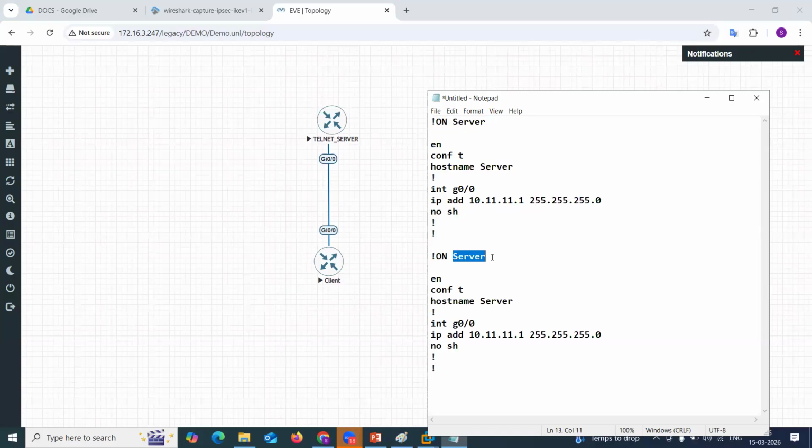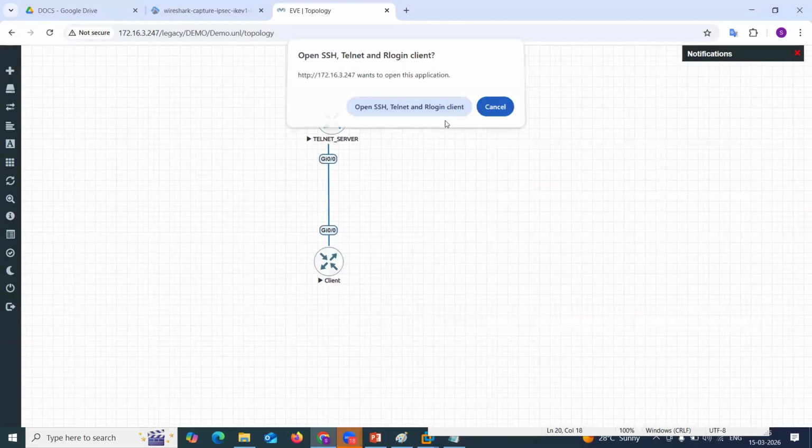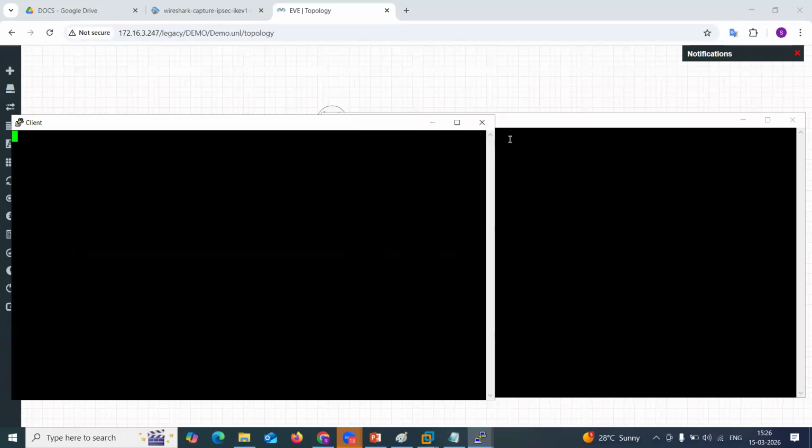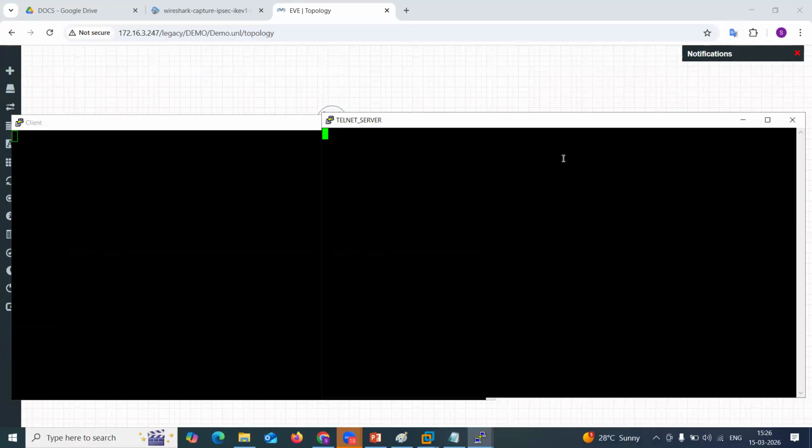This is on client. Hostname client. IP address, I'll give it .2 here. That's it. Let me get console of both the devices. Let the devices come up, guys. Okay. It's starting right now. Let it come up.